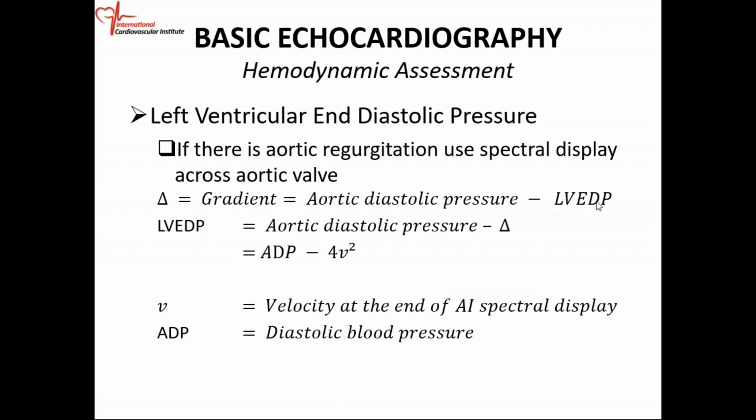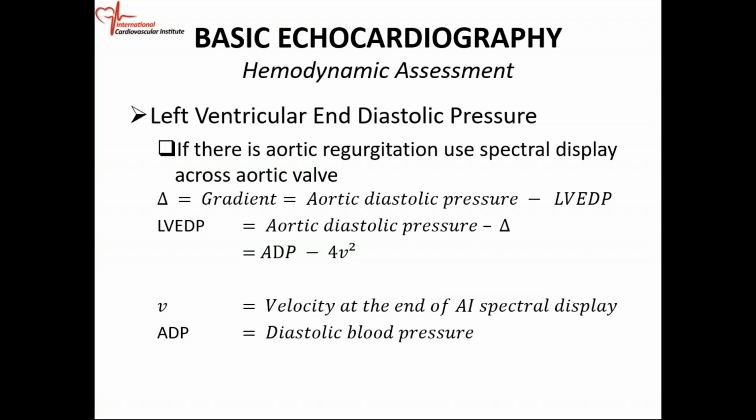And remember that aortic regurgitation occurs in diastole. So we're talking about the pressure in the aorta in diastole and the pressure in the LV in diastole. So aortic regurgitation or aortic insufficiency is a diastolic phenomenon. It occurs in diastole.